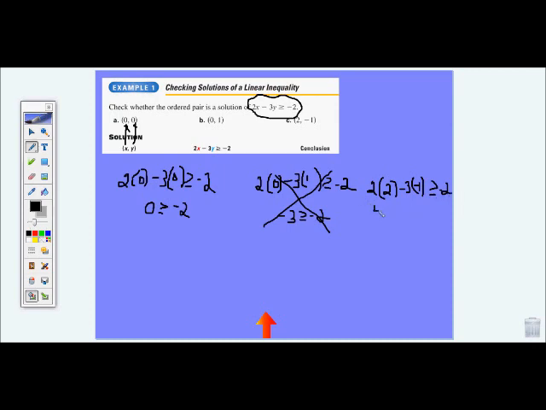This would be 4. Negative 3 times negative 1 is a positive 3. And 7 is greater than or equal to negative 2. Yes, 7 is to the right of negative 2.